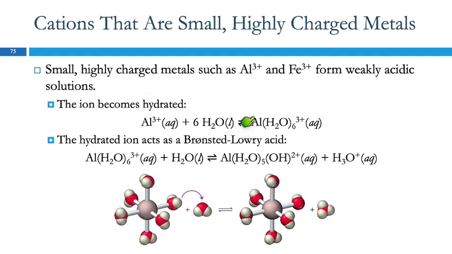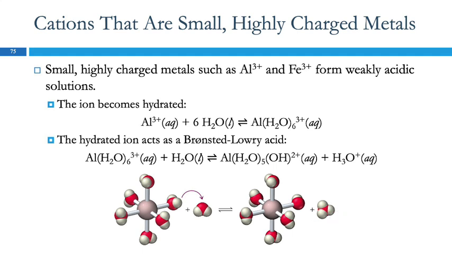So here's aluminum 3 plus, and it's surrounding itself with water molecules. This is how ions dissolve in solution. Here we have aluminum 3 plus and the 6 water molecules that are hanging around it. Well, if this runs into a water molecule, which of course it is going to, one of these waters associated with this can donate a hydrogen to this guy, forming a conjugate base and hydronium ion.